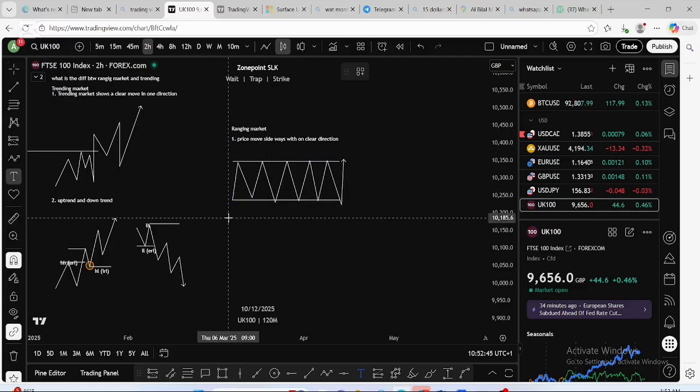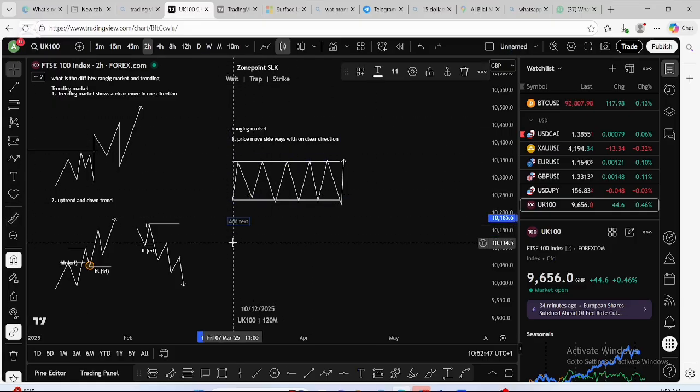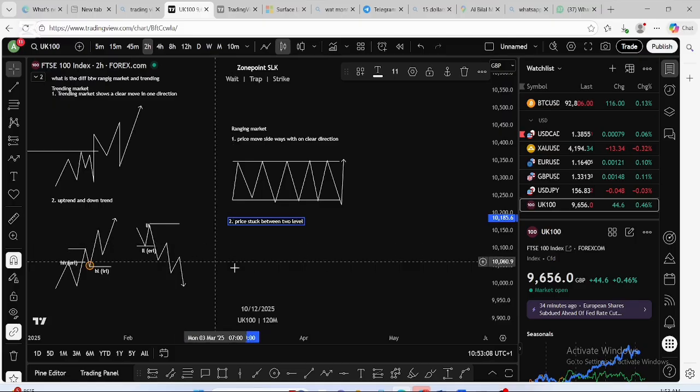Just jot them down in case you did not get my explanation. So two is that in ranging markets, price stalls between two levels. That's just what ranging markets do.